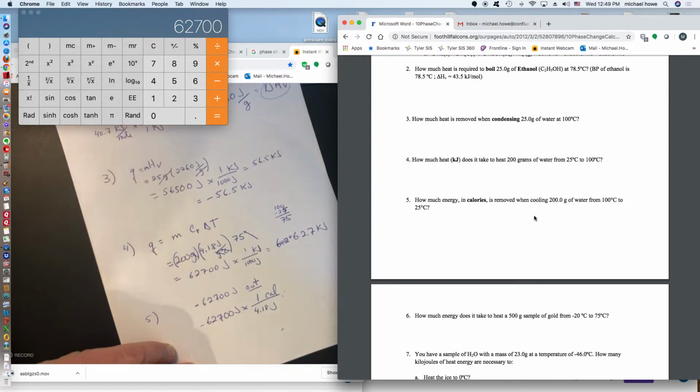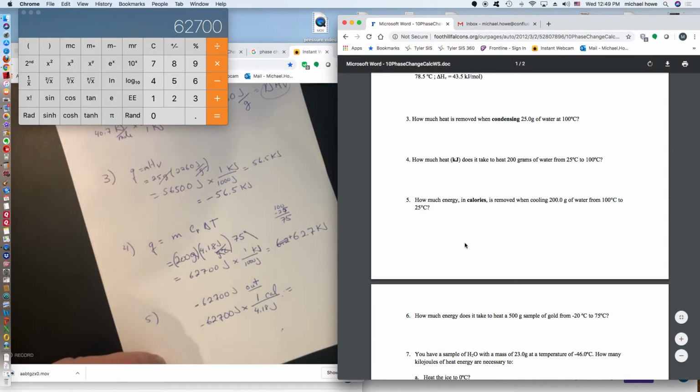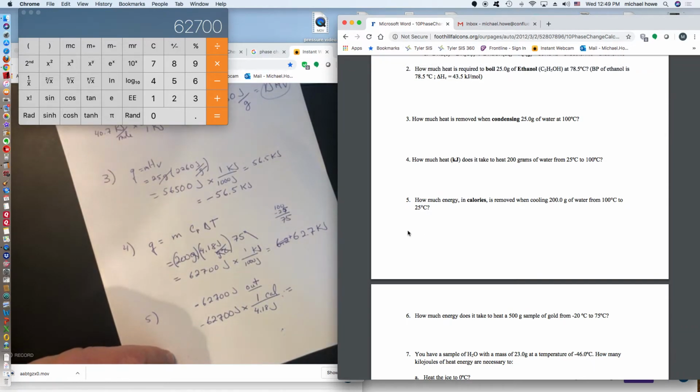It asks just in small c calories, so this will give us our final answer for number 5. So 62,700 divided by 4.18 equals, whoops, I didn't have my calculator active. So take that number, 62,700 divided by 4.18, equals 15,000.